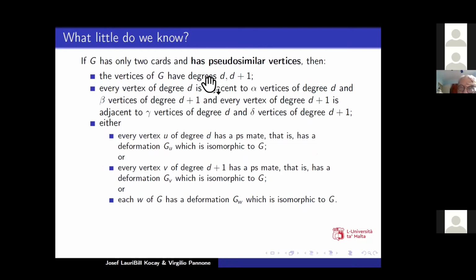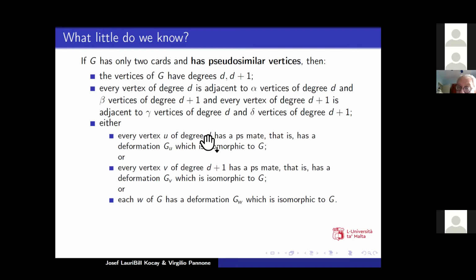The vertices must have degrees d and d plus 1. The degree classes must form an equitable partition. This is what this is saying. The alphas and the betas are the degrees from one class to the other or within the class. And we have either every vertex of degree d is deformable to give us G. We cannot have just one.